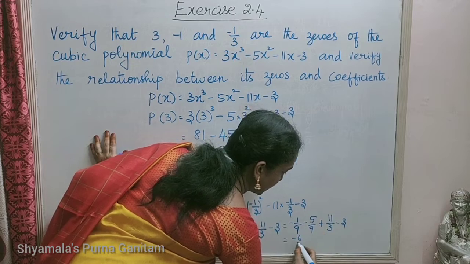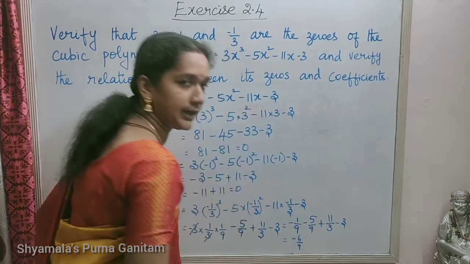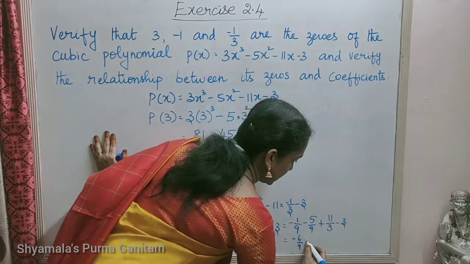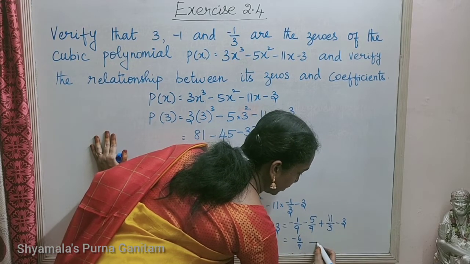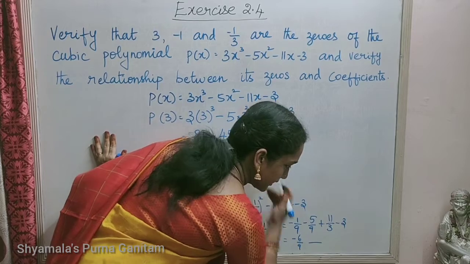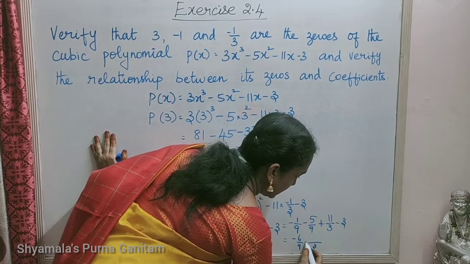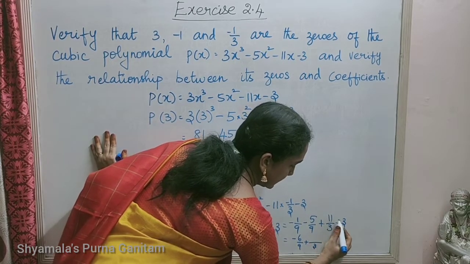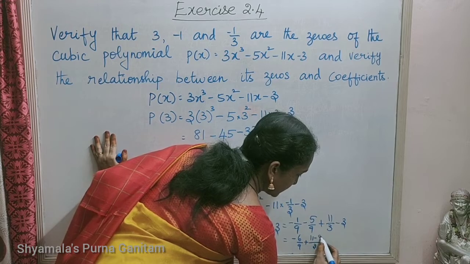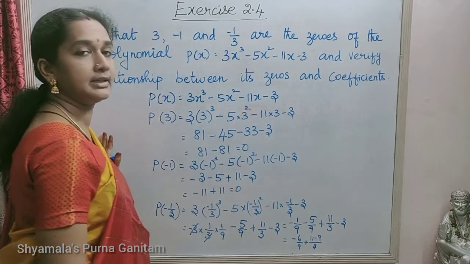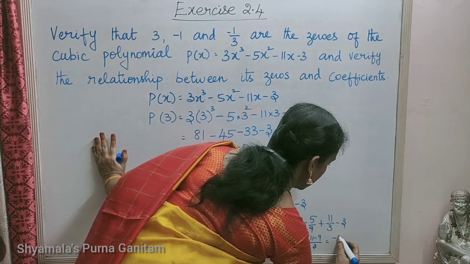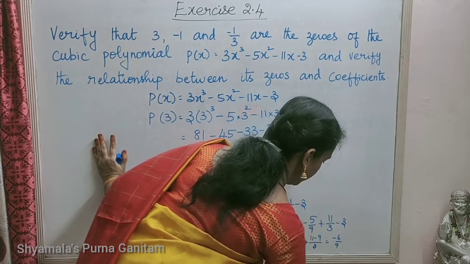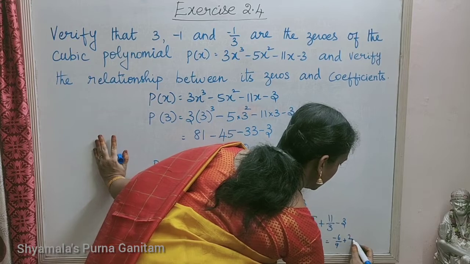These two, when you simplify, minus 6 by 9 you will get. Then when you take LCM for these two alone, you will get denominator 3 plus 11 minus 9. 11 minus 9 is 2. So this one is minus 6 by 9 plus 2 by 9.